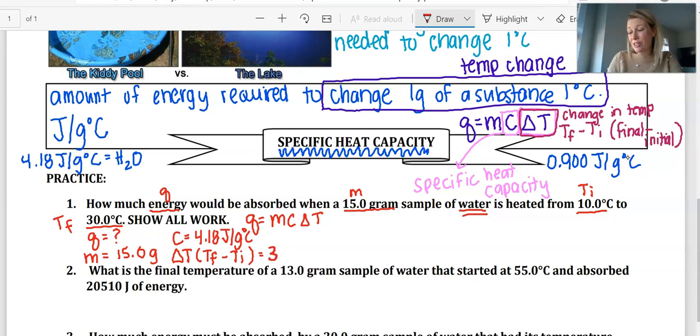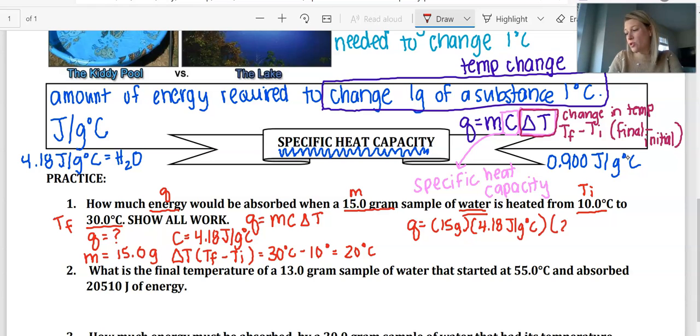So TF is 30 degrees minus 10 degrees, giving us 20 degrees Celsius. So we set this up and we get Q equals 15 grams times 4.18 joules per gram degrees Celsius times 20 degrees Celsius, and we can solve from there.